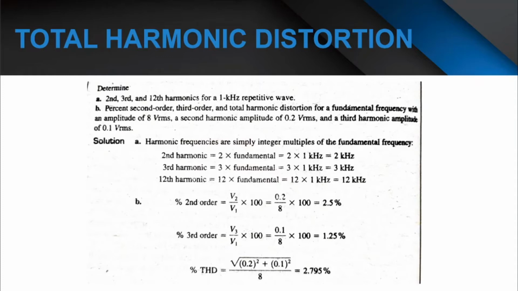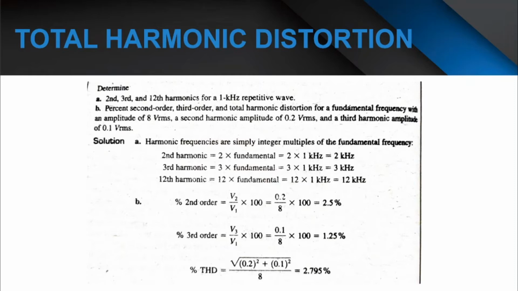And for B, the percent second order, third order, and total harmonic distortion for a fundamental frequency with an amplitude of 8 VRMS, a second harmonic amplitude of 0.2 VRMS, and a third harmonic amplitude of 0.1 VRMS.